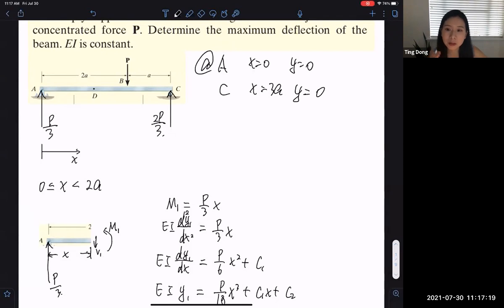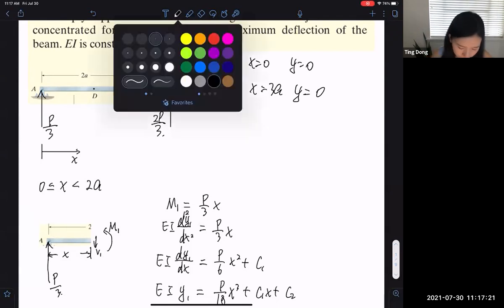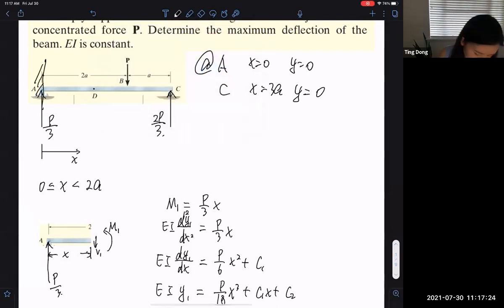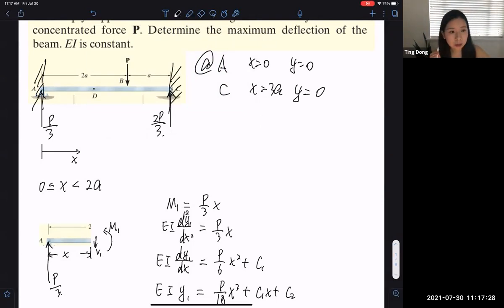When the rotation is 0, the boundary condition should look like a fixed support. Only if I put a boundary condition like this, constraining the rotation, can we say y prime at A and C equal to 0.